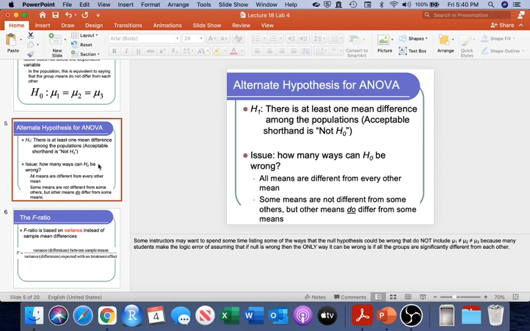When you reject the null hypothesis and you have a significant F-test, you have no idea which mean is significantly different from the other. You just know that one of the means is different. In order to solve this, you would use a post hoc test, which I will show during our lab.